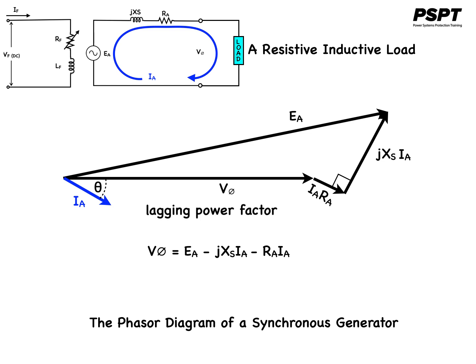Again, adding all the voltages together must equal the source voltage, which is given by EA. The total voltage EA differs from the terminal voltage V phi by resistive and inductive voltage drops. All voltages and currents are referenced to V phi, which is assumed to be 0 degrees.